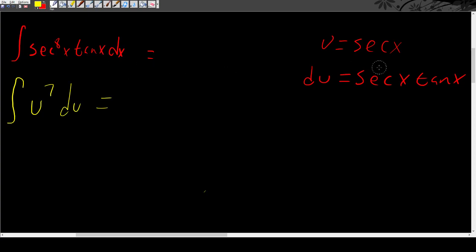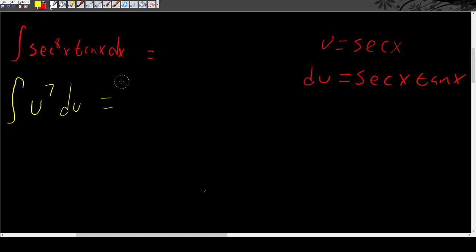This should be fairly obvious because what you want to do is form secant x tangent x so you can form a du, so this can be a finished integral. So what you're going to want to do is save one of these secant x's.